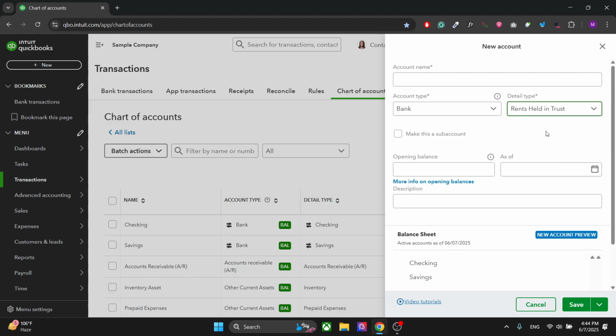So whenever you are managing funds that belong to others, such as in property management or real estate, you can add them here. It is required for businesses that must legally separate client funds from operating funds. So if you have that kind of business, you can use this option right here. And it is also used to track the security deposits or rent payments before they are dispersed. So it's really handy in those cases.